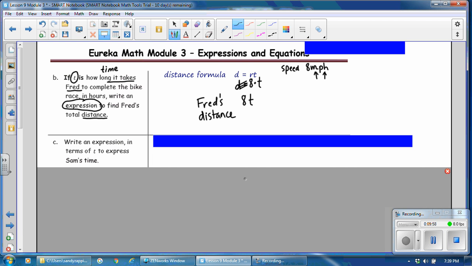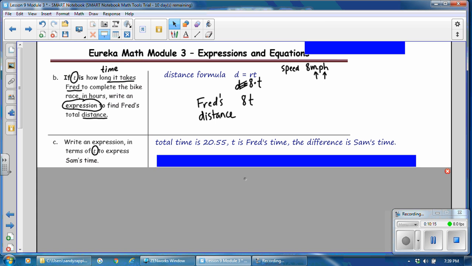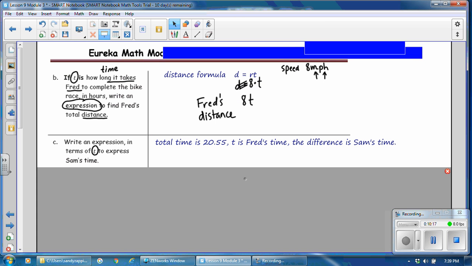Part C. Write an expression in terms of t to express Sam's time. Well, t represents Fred's time. So when we're talking about Sam, we have to do it in relation to Fred's time. It's a little confusing. We know that the total time is 20.55, and we know that t is Fred's time.